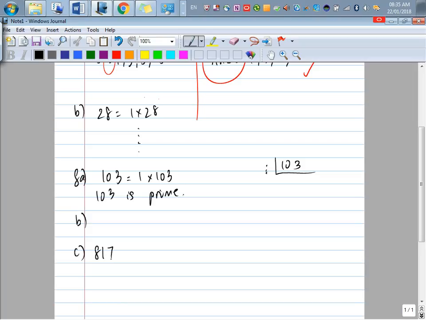817. 817, is it a prime number? So we need to start to divide it again by all the different primes. And I keep increasing 13, 17, and then I go to 19. What is 817 divided by 19? And I get 43. Right?